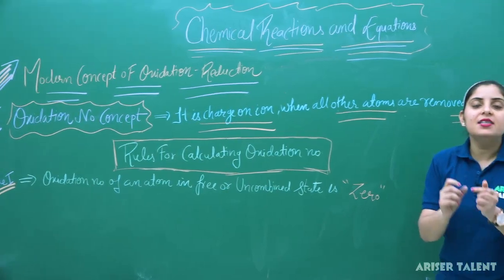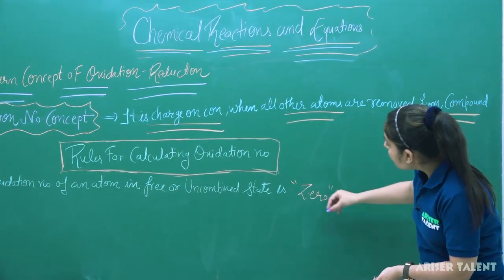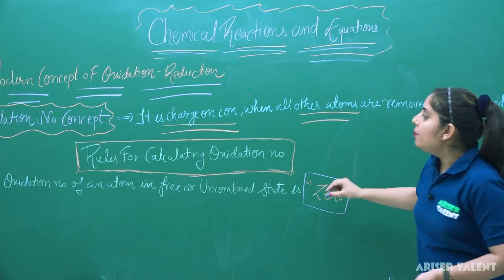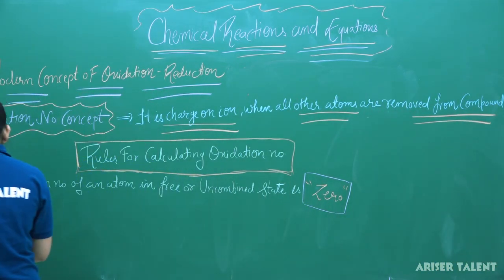So if there is any element present in the uncombined form, its oxidation number is going to be 0.